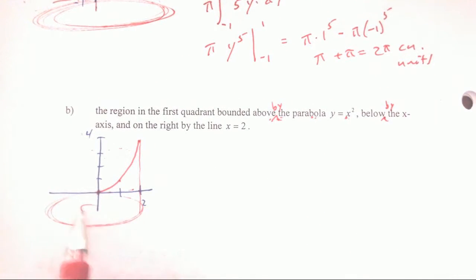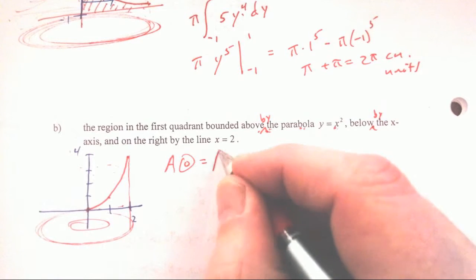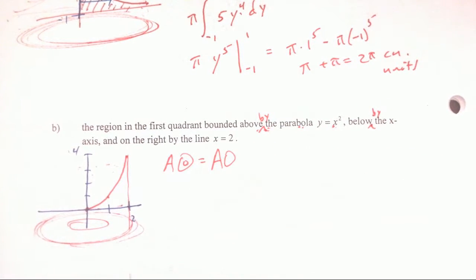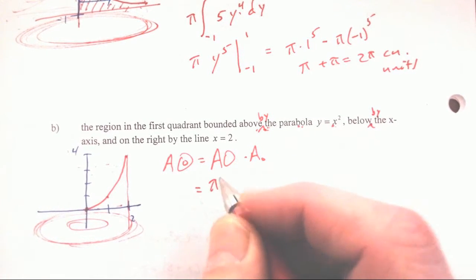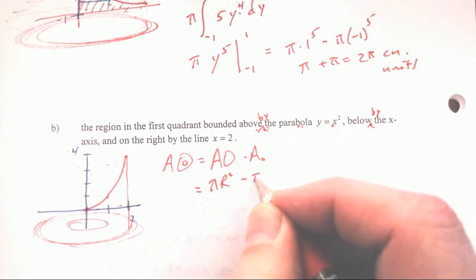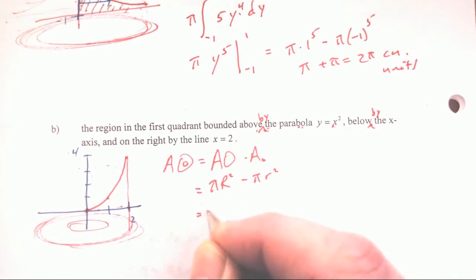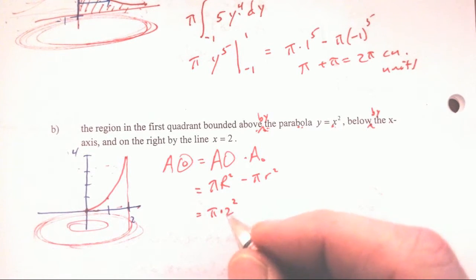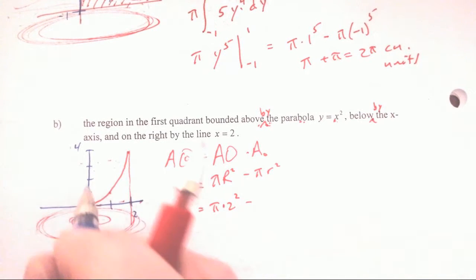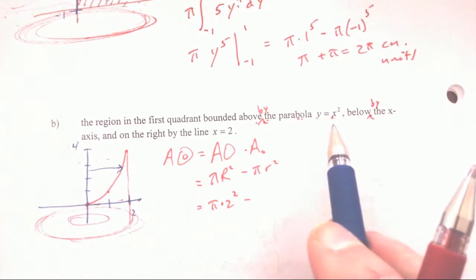So I need the area of our washer, which equals the area of the big circle created minus the area of the little one, or pi big R squared minus pi little r squared. So pi times big R, which is 2. Little r is any of these x values. But what are our x values?